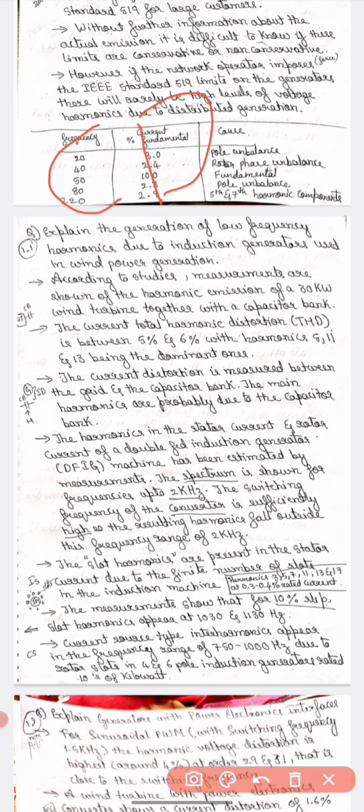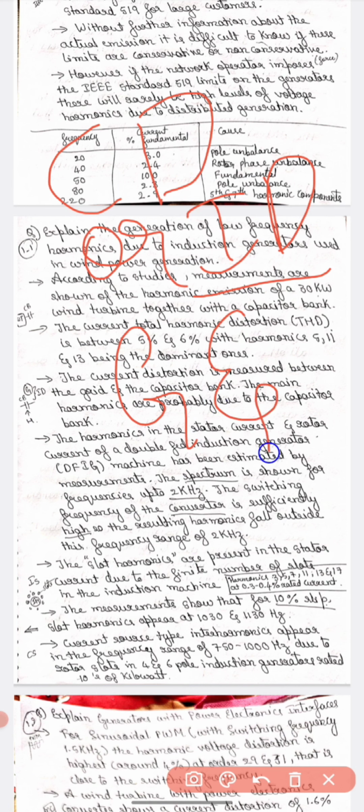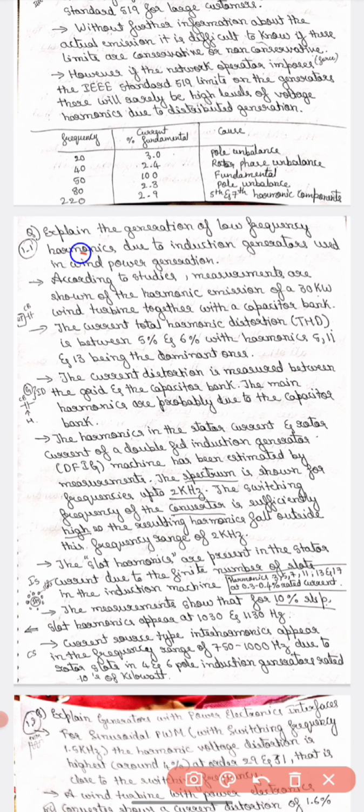Once again, the current distortion is measured between the grid and capacitor bank, but the main harmonics are probably due to the capacitor bank only.